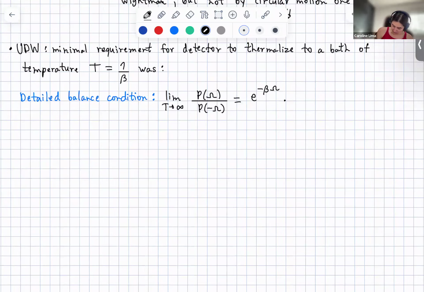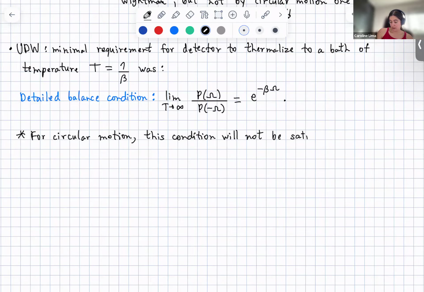So first of all, for the circular motion, this condition will not be satisfied. Okay? Now, one thing that is often done is consider the following.